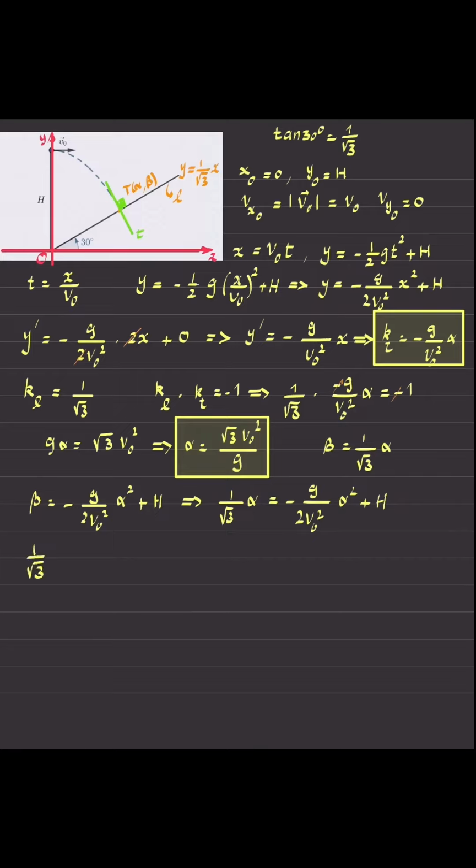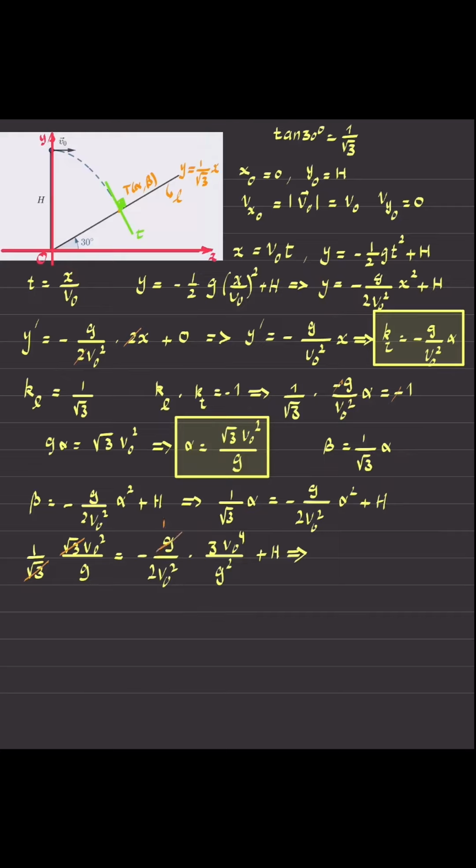It becomes 1 over square root of 3 times alpha, which is the square root of 3 v naught squared over g, equals minus g over 2 v naught squared times alpha squared, which becomes 3 v naught to power 4 divided by g squared, plus h. So let us do some simplifications here. This square root of 3 and that square root of 3 are gone.